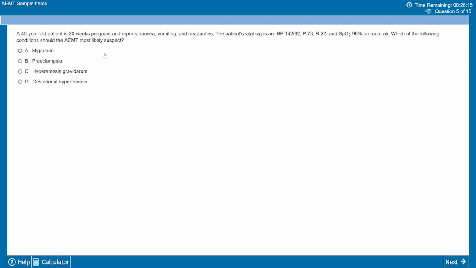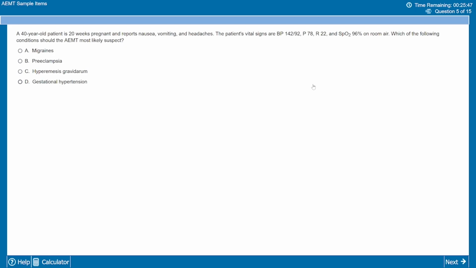So, before we do anything, we should look back at the question. We have a 40-year-old patient who is 20 weeks pregnant. Okay, so that's very pertinent. They have nausea, vomiting, and headaches, especially the headaches. That's very pertinent. And let's look at the vital signs. So right off the bat, what is wrong with these vital signs? Please pause the video, make your answer choices, make your guesses, and we'll go ahead and continue from there.